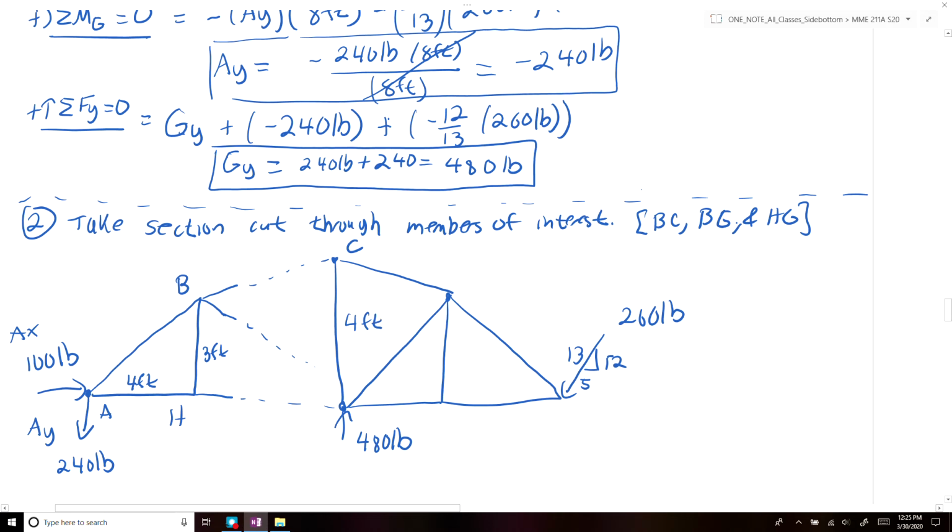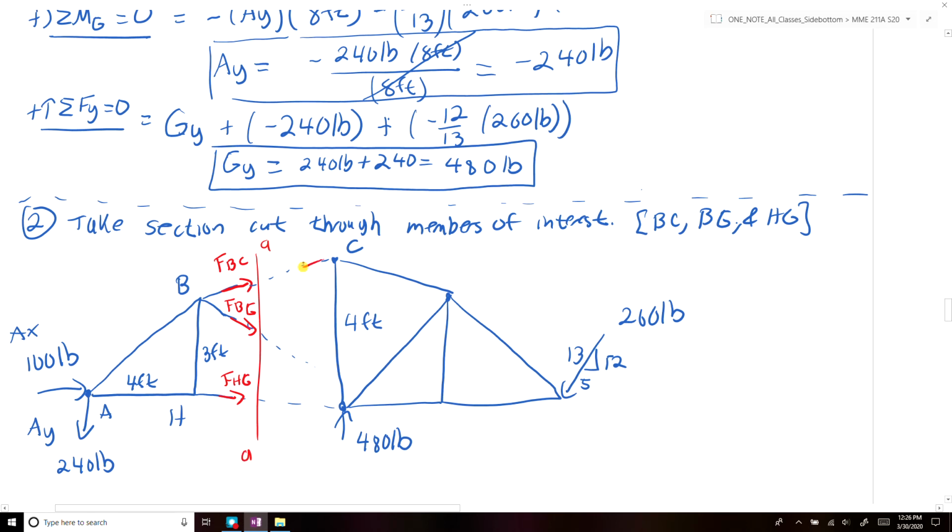When we take our section cut through our truss, it leaves us with some internal forces that will be exposed. So we'll have our force from point B to point C, our force from point B to point G, and our force from point H to point G.